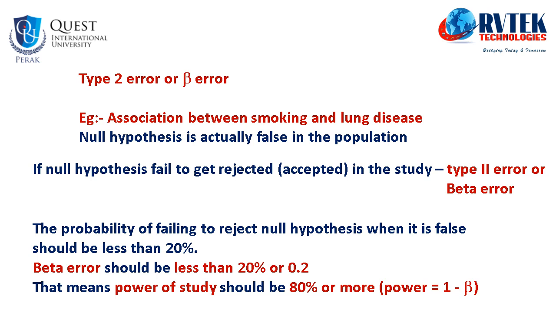If 20% is the beta error, 100 minus 20, 80% will be the power of the study. So we should have good power, that is more than 80%, or less than 20% beta error in the study.